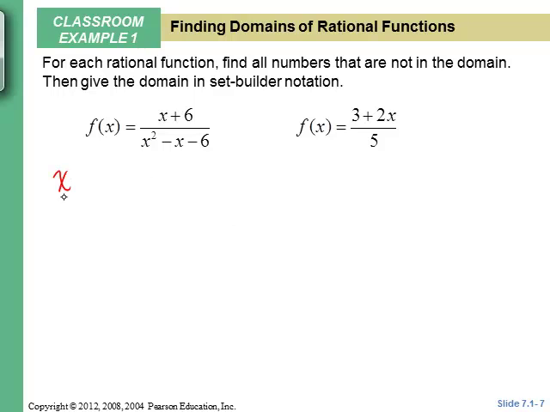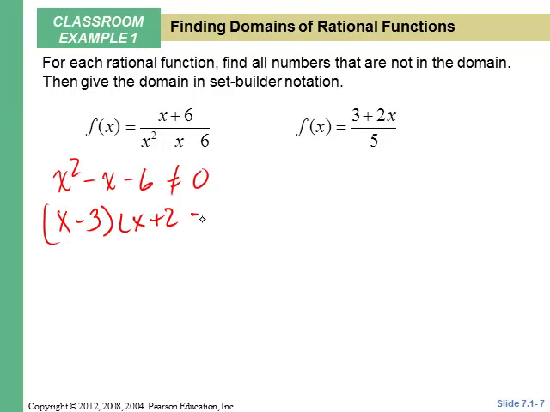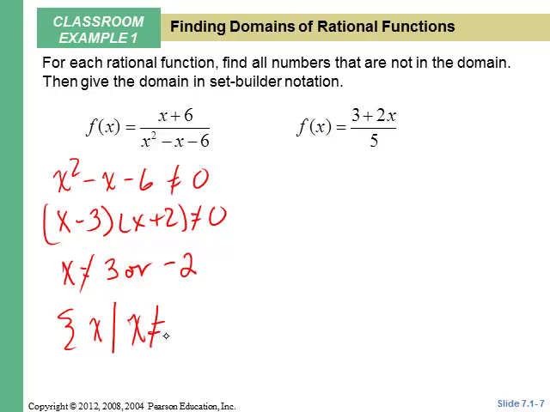So x squared minus x minus 6 does not equal 0. Factor that. X minus 3, x plus 2 does not equal 0. So x does not equal 3 or negative 2. So it's the set of all x such that x does not equal 3 or negative 2.